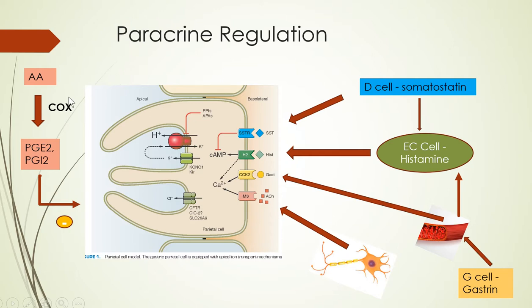Taking these drugs will disrupt this COX pathway and prostaglandin will not be formed, and that's how the mucus bicarbonate barrier will not be formed. That's why we have ulcers because of NSAIDs. Okay, so this pathway is disrupted if we take Brufen, diclofenac, these types of drugs which are called NSAIDs, which block this pathway. These are COX inhibitors, and that's how we get ulcers because of those drugs.